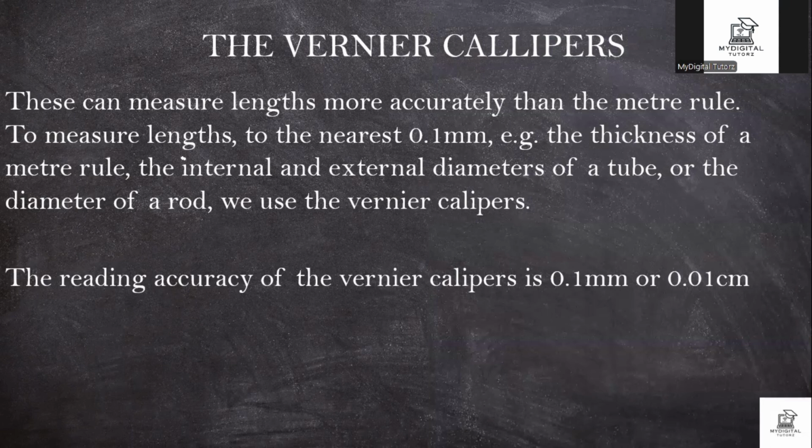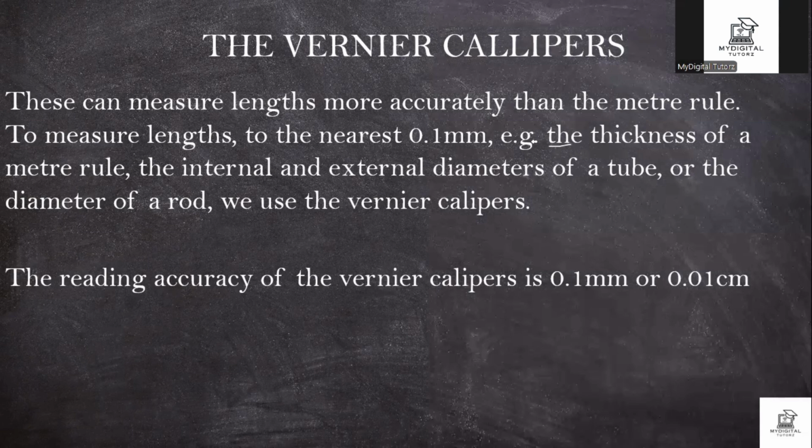This can measure length more accurately than a meter rule, especially if the thing to be measured is cylindrical. To measure length to the nearest 0.1 mm, e.g., the thickness of a meter rule, the internal and external diameter of a tube, or the diameter of a rod, we use vernier calipers. Please take note of all this, because you'll be asked which materials we can use vernier calipers to measure accurately. 1, the thickness of a meter rule. 2, the internal and external diameter of a tube or the diameter of a rod.